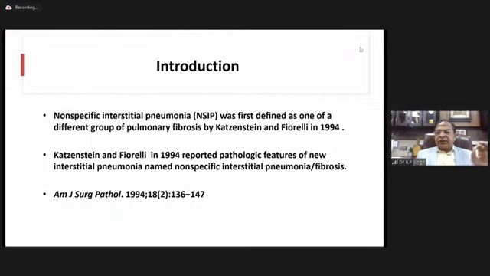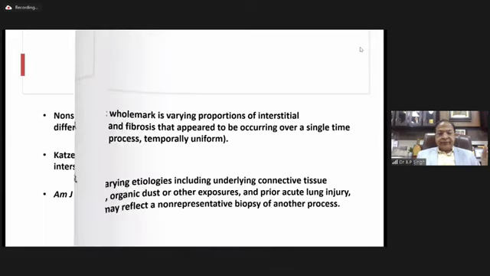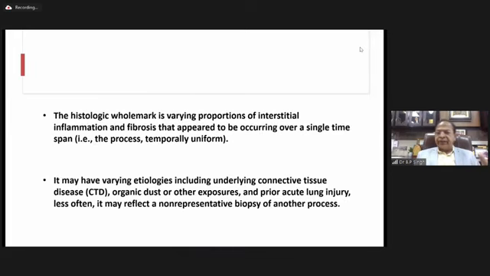NSIP, or non-specific interstitial pneumonia, was first defined as one of the different groups of pulmonary fibrosis by Katzenstein and Fiorelli in 1994. Both reported in 1994 the pathological features of a new interstitial pneumonia, named non-specific interstitial pneumonia or fibrosis. The histological hallmark is varying proportions of interstitial inflammation and fibrosis that appear to be occurring over a single time span.